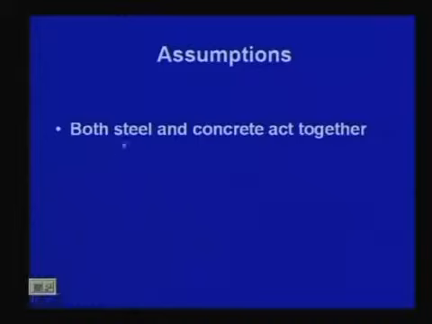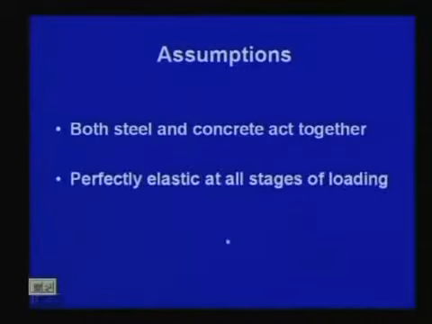Both concrete and steel act together, they work simultaneously, there is no slipping. That means the steel is embedded in concrete and there is no slipping. The material is perfectly elastic at all stages of loading, this we are assuming.